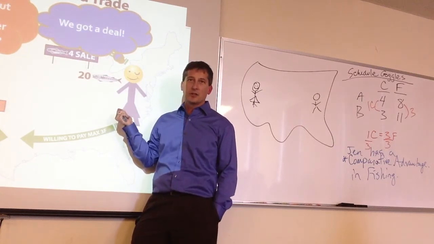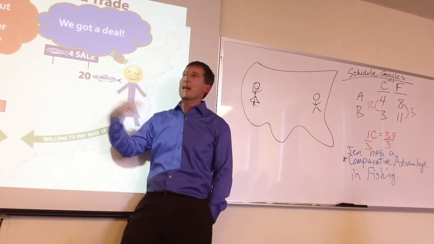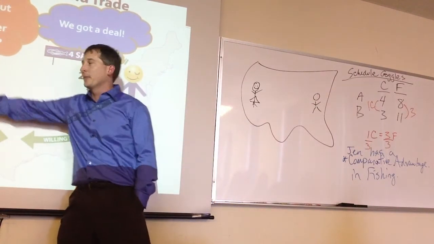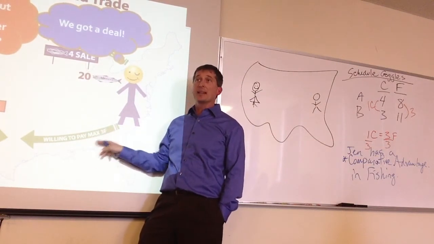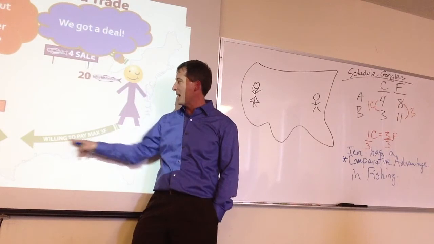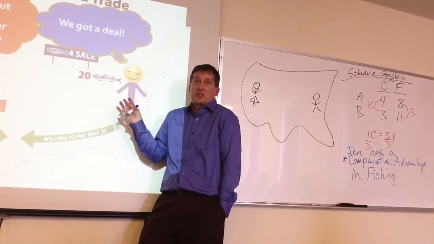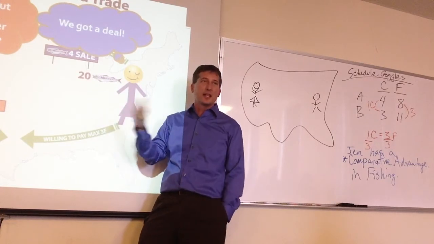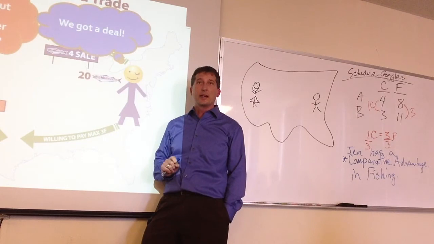What would it cost her? 3 fish. So if she's going to do any trading whatsoever with this guy, then she's got to pay less than 3 fish. So the maximum she's willing to pay is 3 fish, because otherwise she could just do it on her own. She's not better off unless she gets something less than 3.